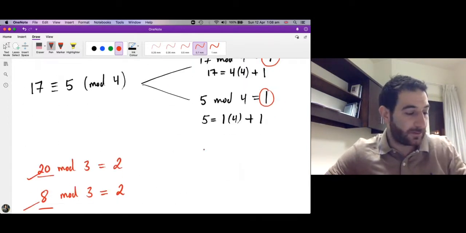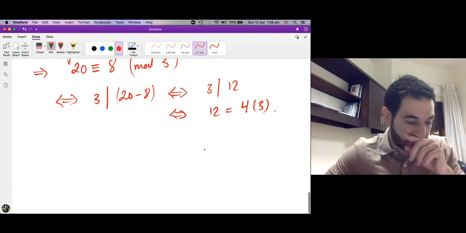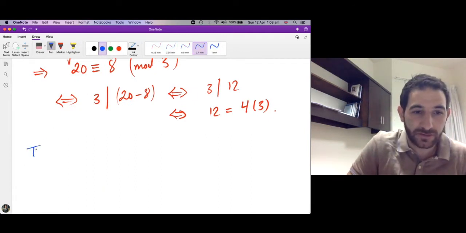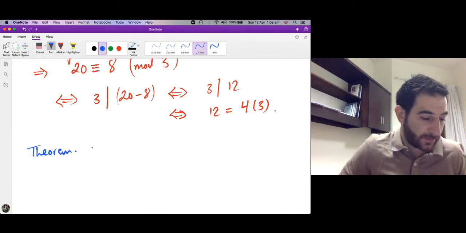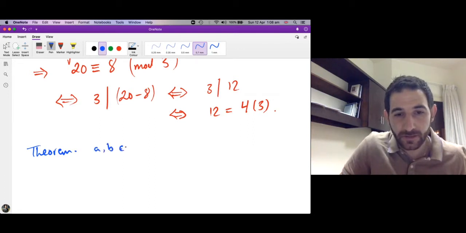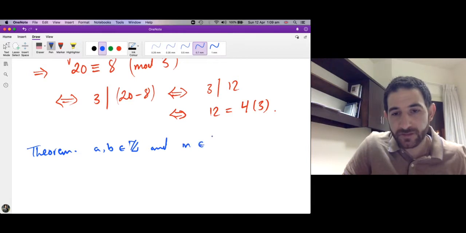Now let's take another theorem about congruences. So here is a theorem. Again, let a, b be integers, and m is a positive integer.